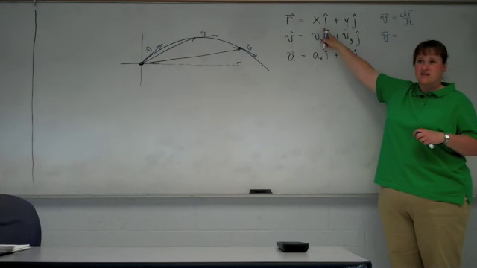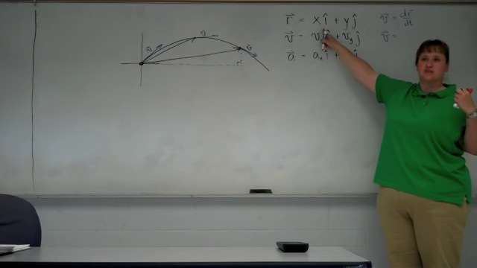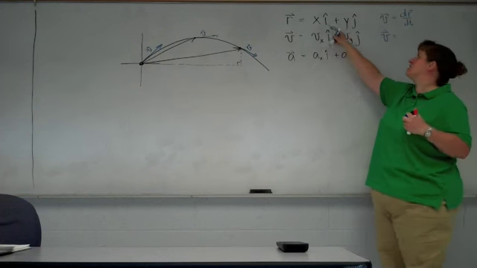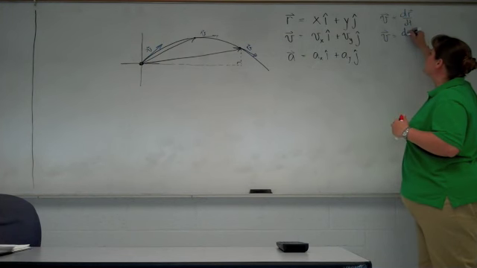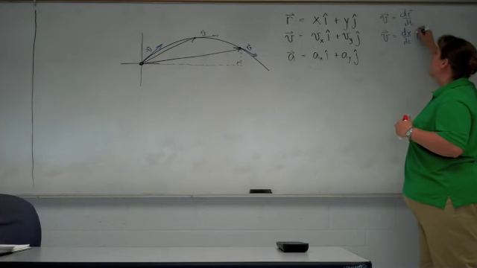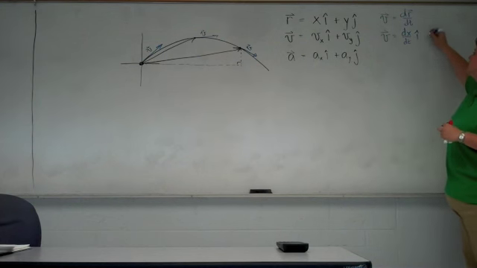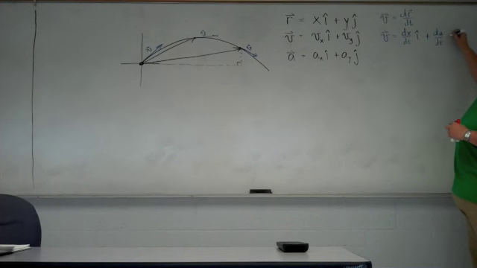It always has a length of 1, and it always points in the x direction. So that's a constant. So we get dx/dt i hat, plus, in the second term we end up with dy/dt j hat. Okay with that?